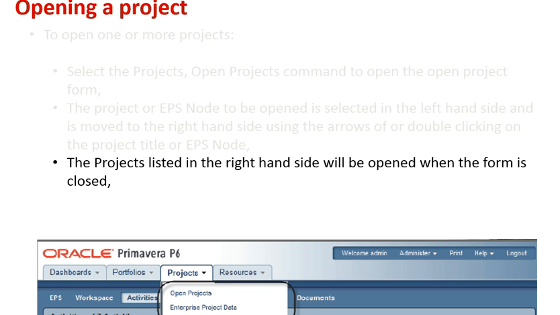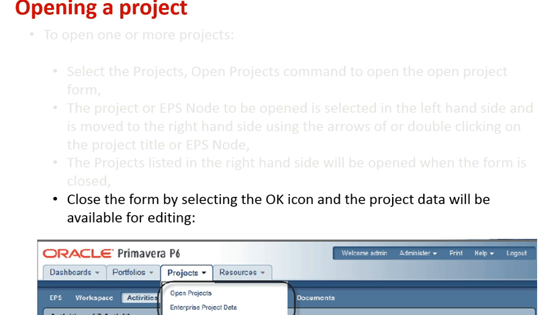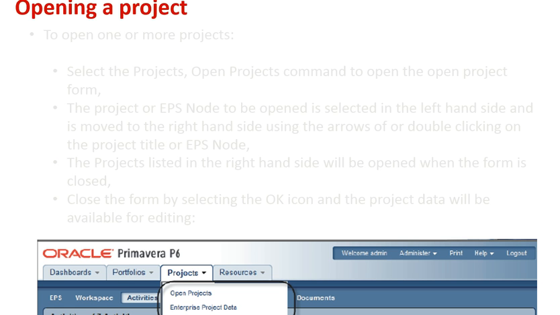After that, the projects listed on the right hand side will be opened when the form is closed. So clicking the open projects, it opens up a form that allows you to select projects and move them to the right hand side. And as soon as you close the form, the projects will open. You can close the form by clicking OK.